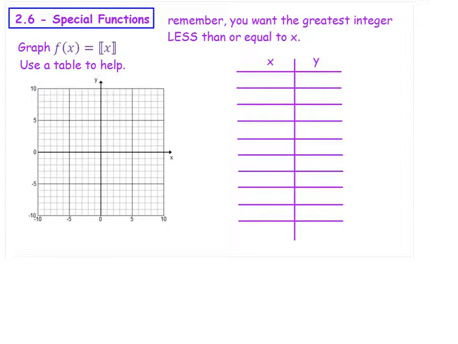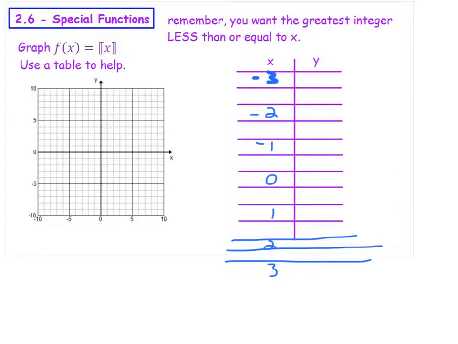Whenever you do this, I suggest you do whole numbers first. So I'm going to do negative 3 to 3, but I'm going to leave a space in between right now, so I can do numbers in between. I know that negative 3 will be negative 3, and negative 2 is negative 2, because these are all integers, so their outputs are just going to be whatever that value is.